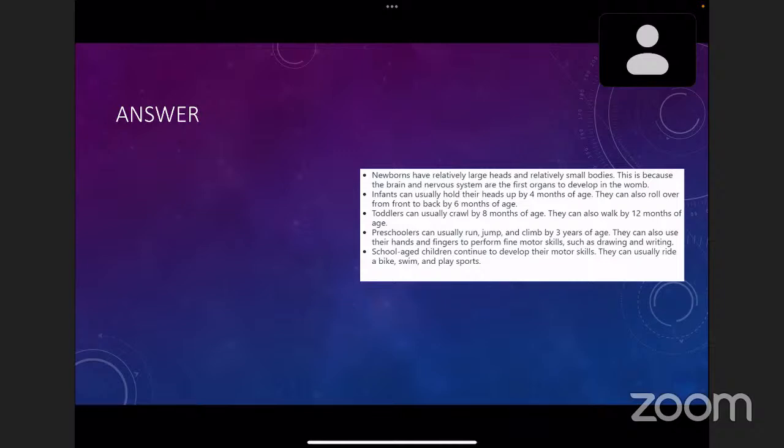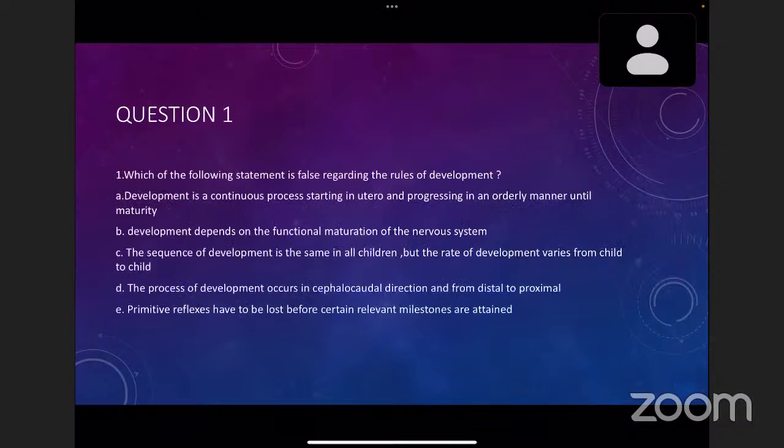Fine motor skills like scribbling and writing words and essays take time. So distal work takes time rather than proximal. The option was given as process of development occurring in cephalocaudal direction and from distal to proximal, which is wrong. It should be from proximal to distal.